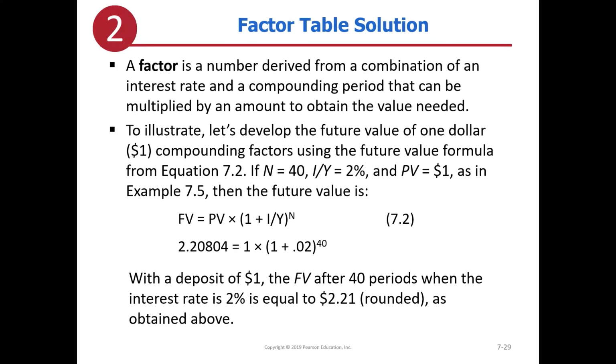So you get 2.20804, which equals 1 times 1 plus 0.02 to the 40th power. So with a deposit of $1, the future value after 40 periods, when the interest rate is 2%, is equal to $2.21 rounded, as you see in this slide.